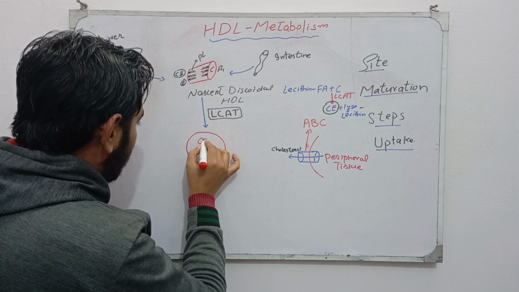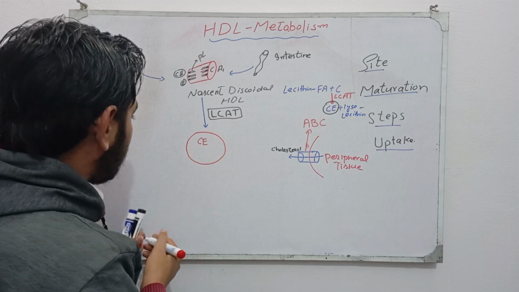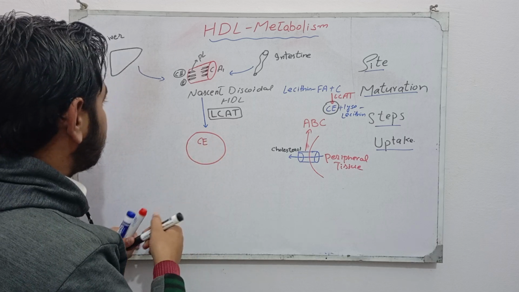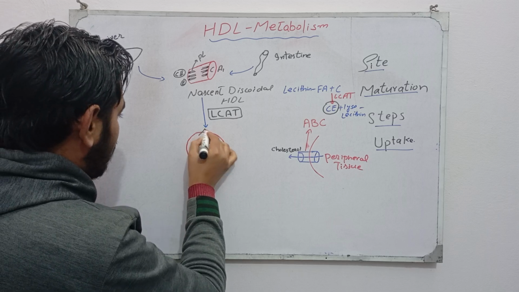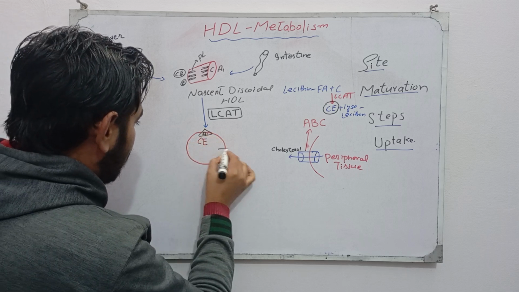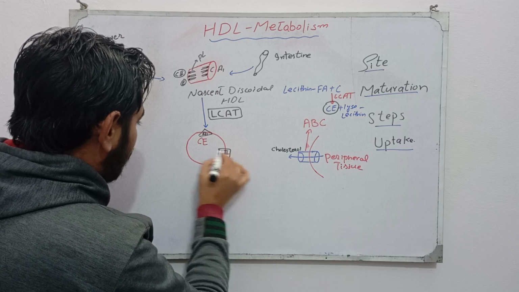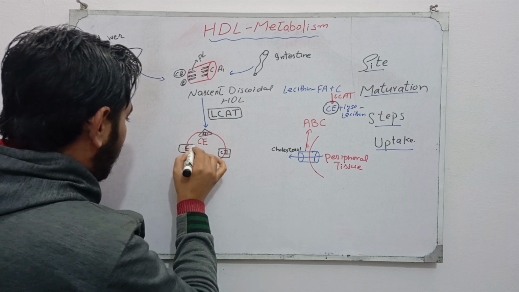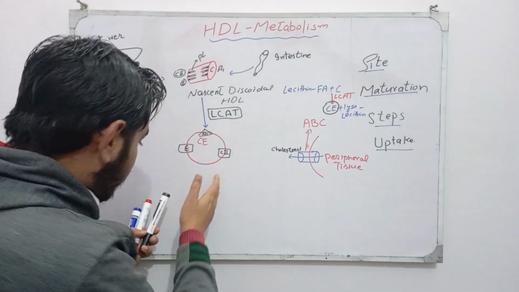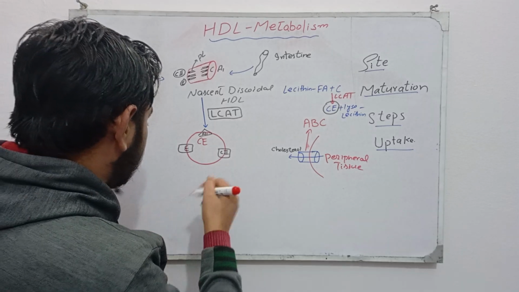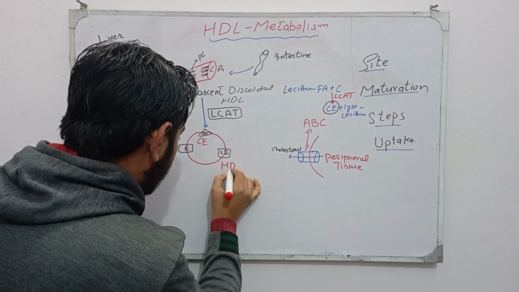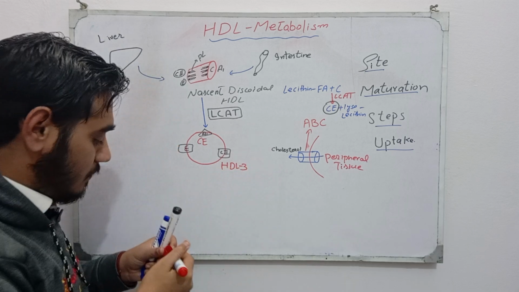This is the cholesterol ester and ApoA1, ApoC2 protein, ApoE protein. This is called HDL3.